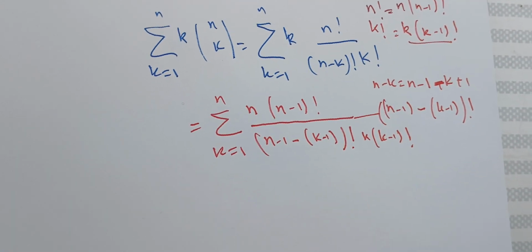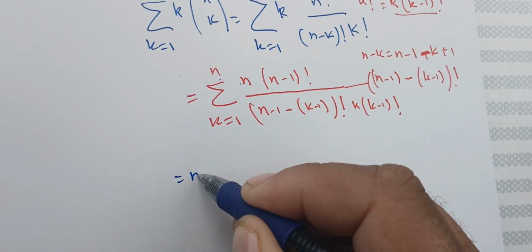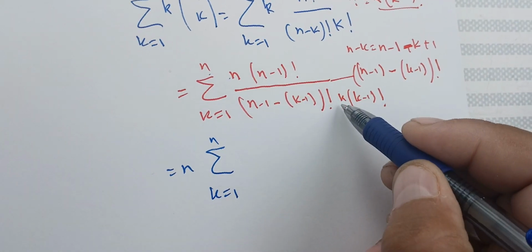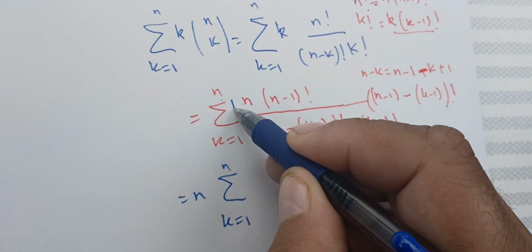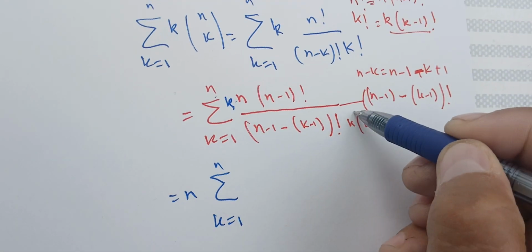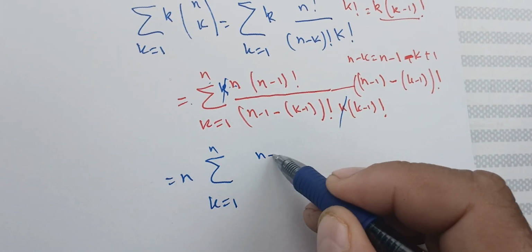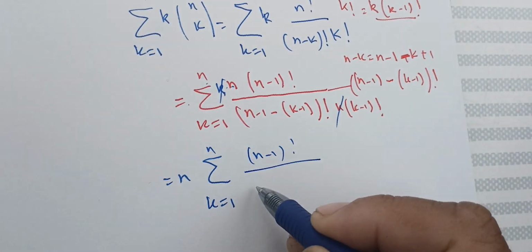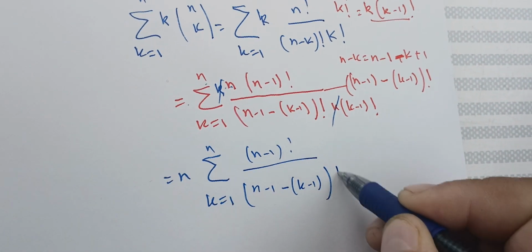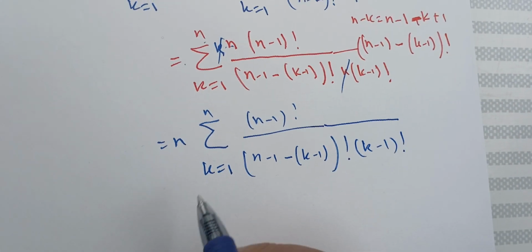Now we can move n to the front because it doesn't depend on k. So here, n, and this sum k going from 1 to n. I forgot the k here; I need to have the k here. So now I can get rid of the k. It's never 0. I moved n to the front, so I have n minus 1 factorial over n minus 1 minus k minus 1 factorial times k minus 1 factorial.